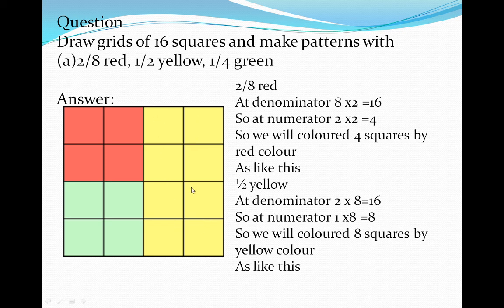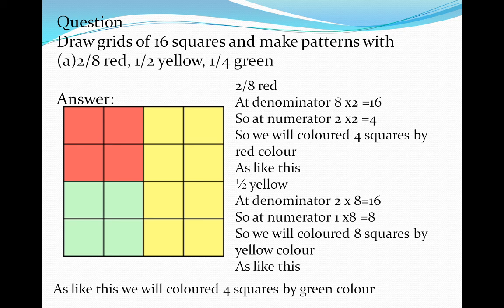And in this way, we can also calculate that we will color 4 squares green, because there are total 16 squares and out of the 16 parts we have to color 1/4 part green.